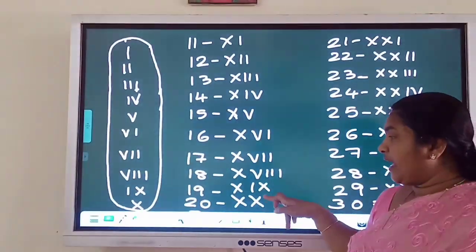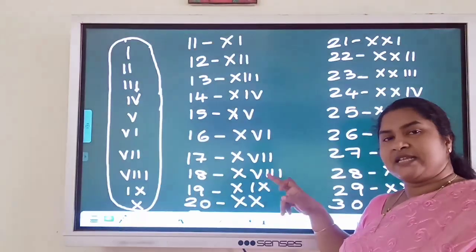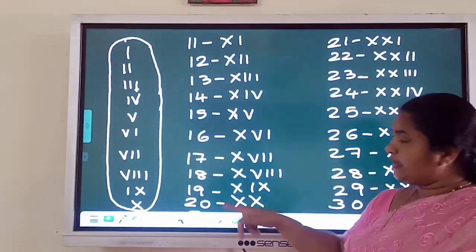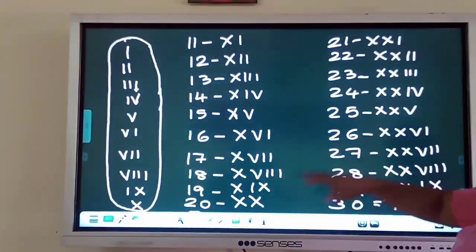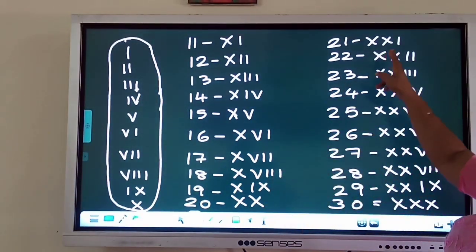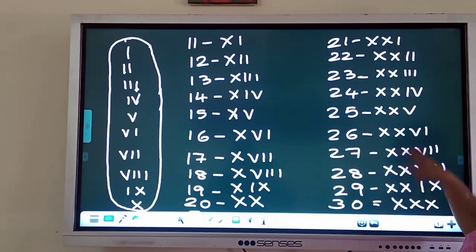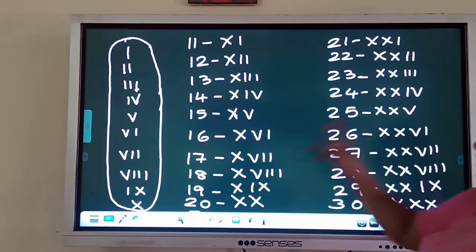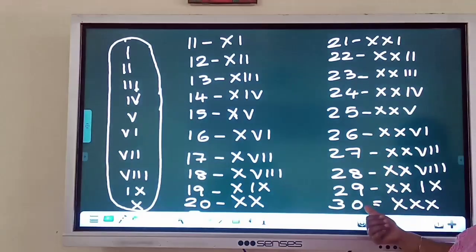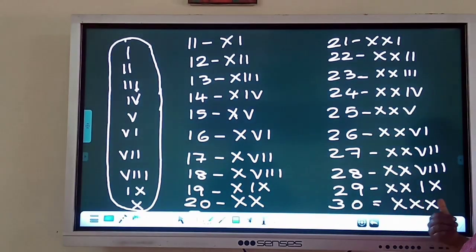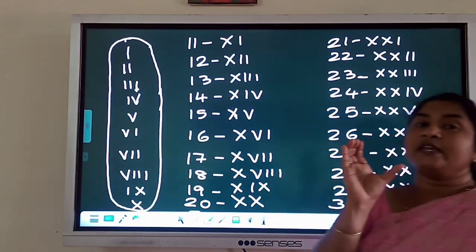Because we have 2 tens, 10 plus 10 is 20, so X and X together we kept. Same way, once you know 20, we can write 20 here. The 20, 20, 20 everywhere 20s. And here 1 to 9 is to be taken from here. Then last, 30 is XXX. 3 X's are to be kept together.